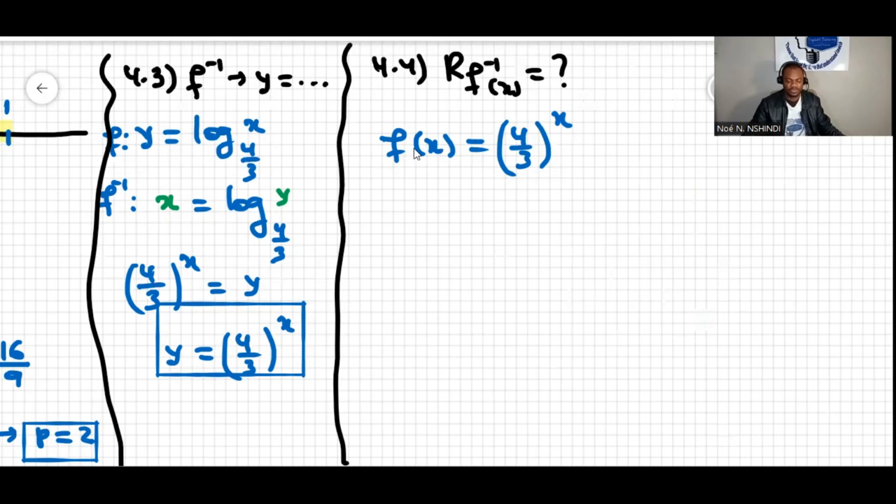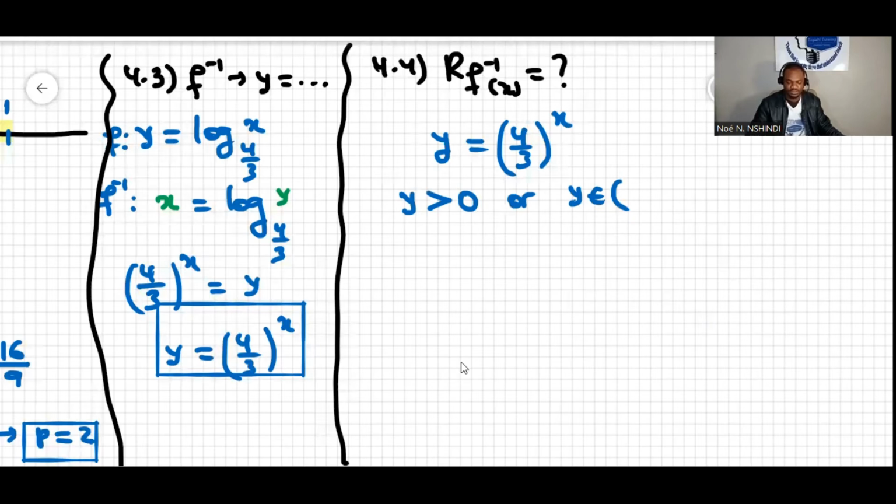Remember, y is just f of x. Let's just write y here. Right here, we say that y is strictly positive, greater than 0. Or we can also write y is an element of this interval.